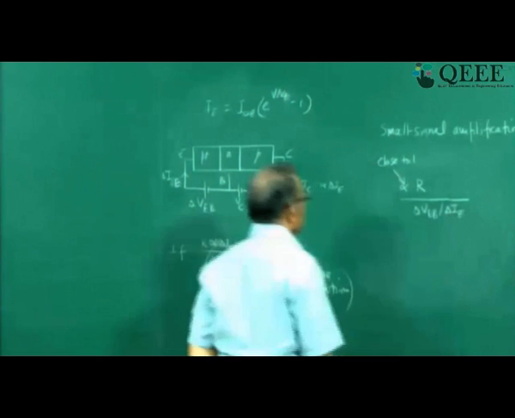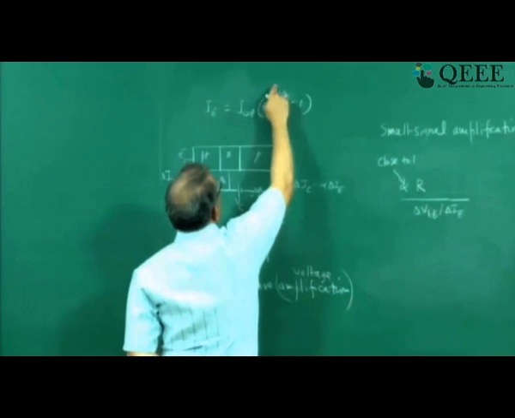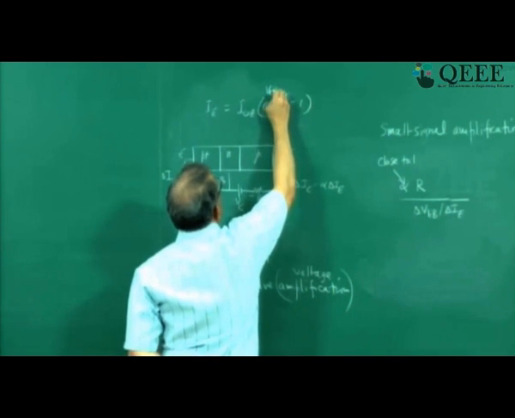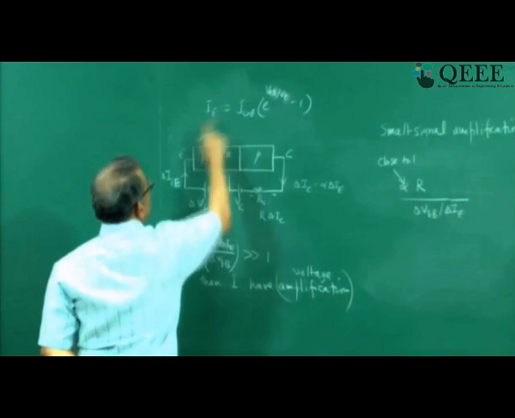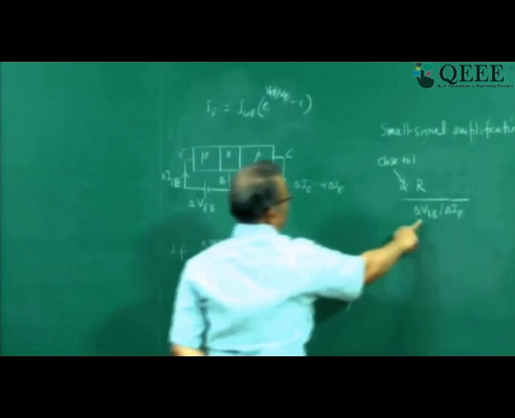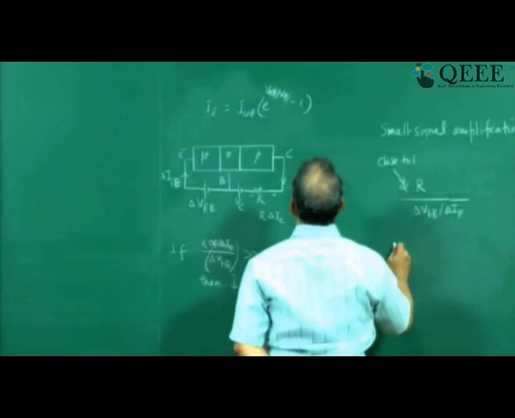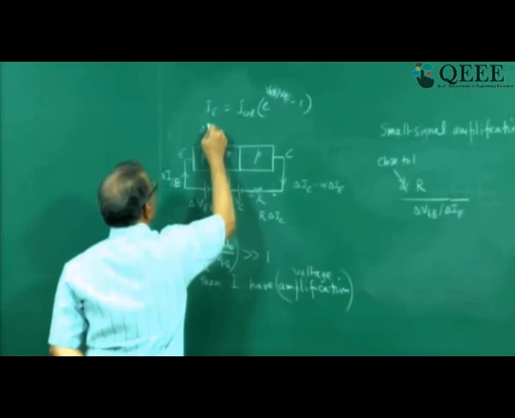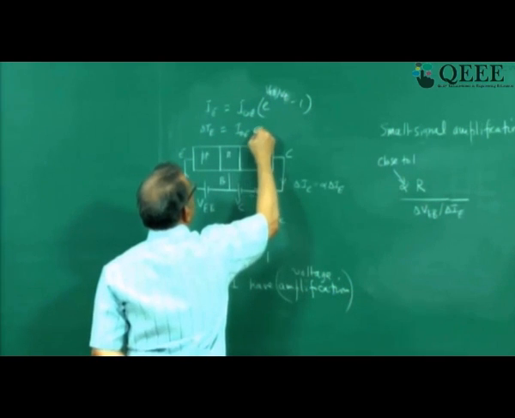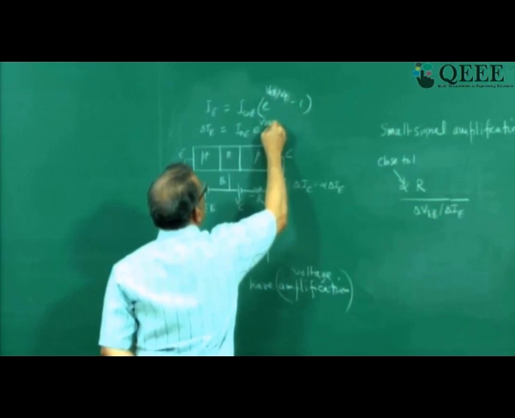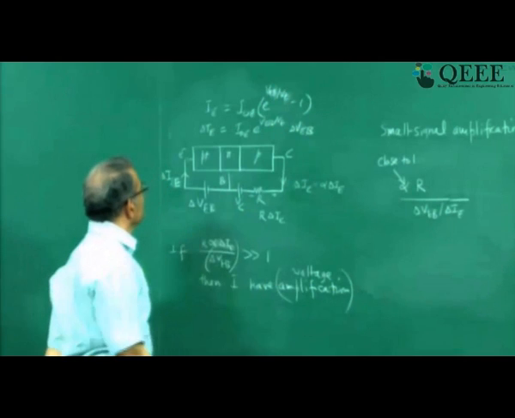How much is this? Now this is your equation for IE as a function of VEB. From here I can find out delta VEB by delta IE. Let us differentiate this. So I get delta IE equal to I naught E exponential of VEB by VT into delta VEB, if I differentiate this.